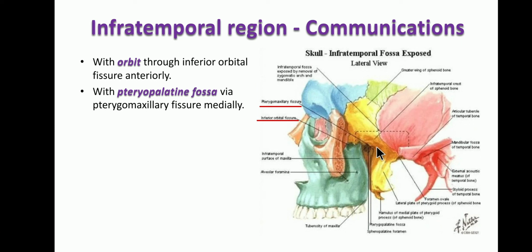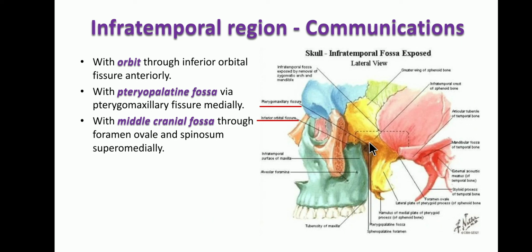The next communication is with the temporal fossa above. That communication occurs deep to the zygomatic arch. So deep to the zygomatic arch, the infratemporal fossa communicates with the temporal fossa, that is above and laterally. Above and medially, it communicates with the middle cranial fossa through the two foramens in the roof which we have already seen: the foramen ovale and the foramen spinosum.